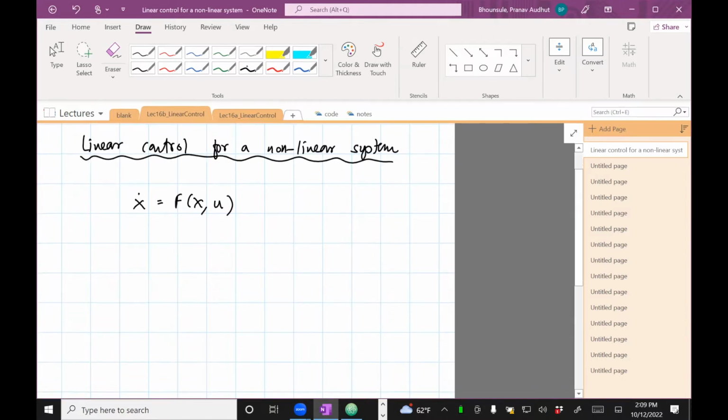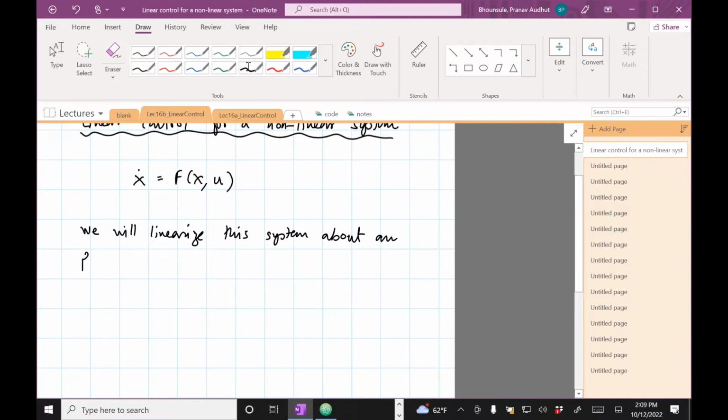Okay, so the way we'll go about this is we will linearize this system about an operating point.